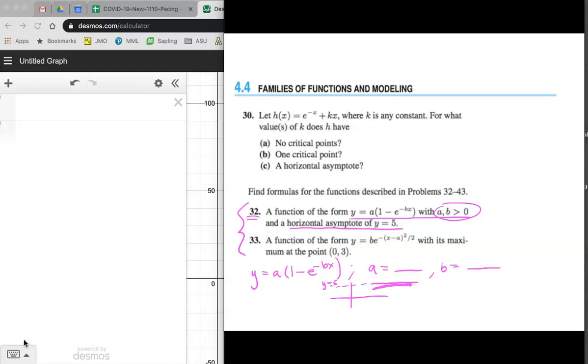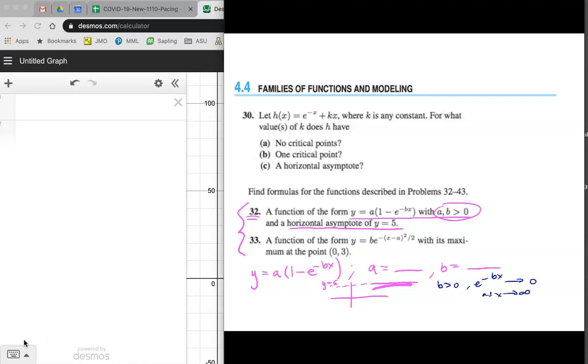If you've had a chance to get a value of a and b, we'll go through that now. And if you haven't, pause the video again and try to keep working. But here's something to notice: since b is positive, e to the negative bx is going to get closer and closer to 0 as x gets bigger to infinity.